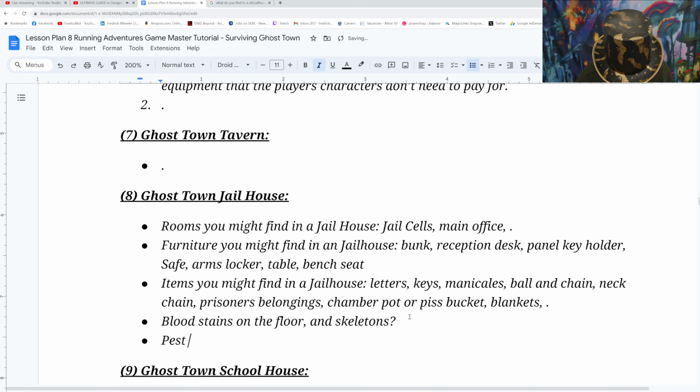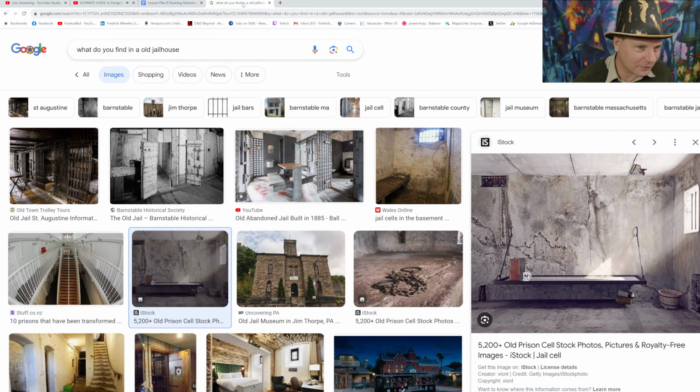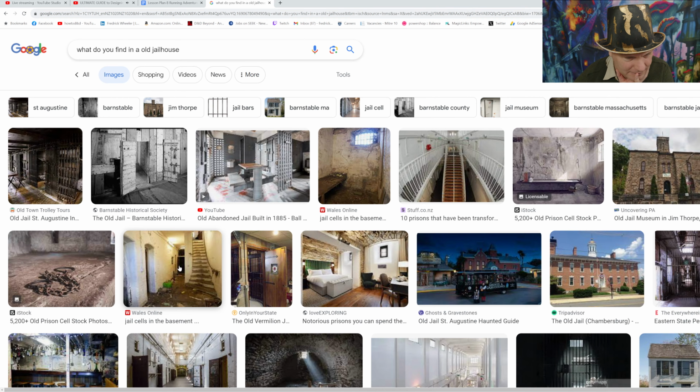So we have fleas, ticks, kind of feels like bed bugs, roaches, cockroaches, rats, mice. Okay, so we've got plenty of infestations here. That's wonderful. Let's see what else we have here.